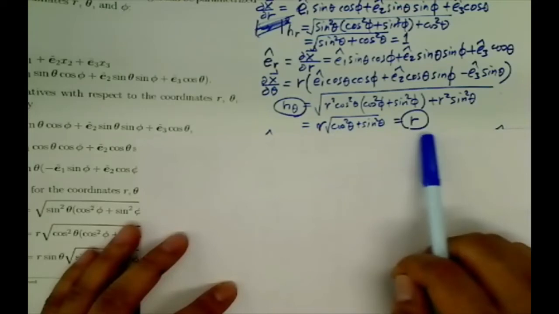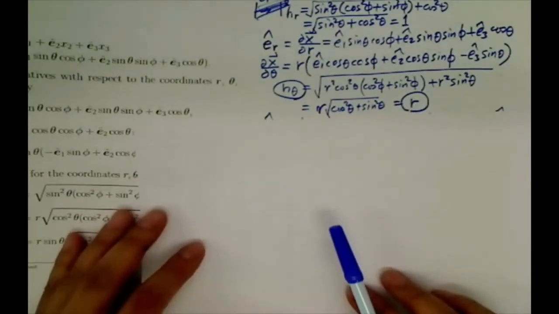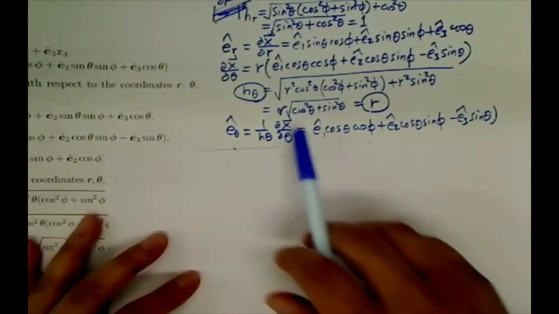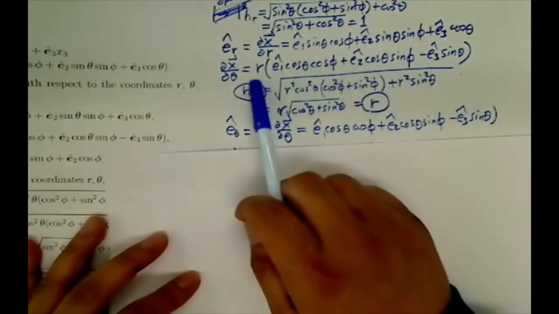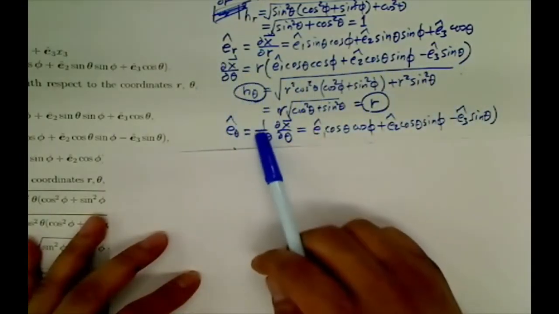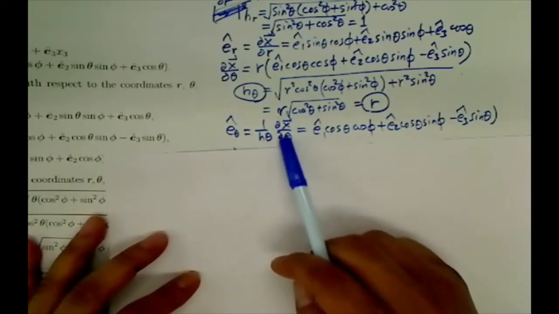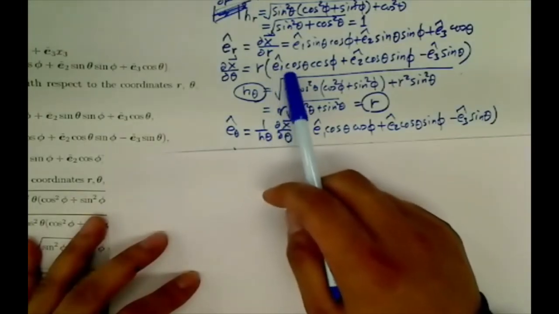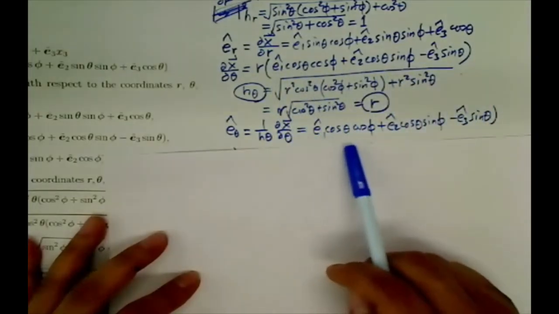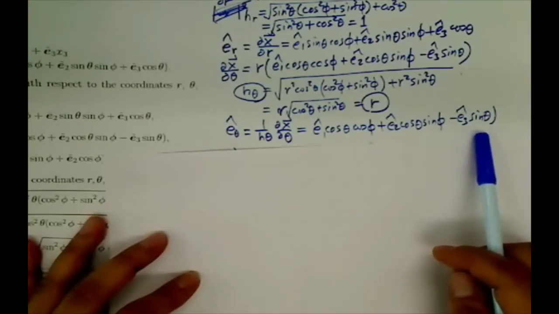So the scale factor for the angle theta, h_theta, is r. This is the displacement, the partial derivative with respect to theta, and I divide it by its own magnitude, the scale factor r. Therefore, e_theta hat is cosine theta cosine phi, cosine theta sine phi, minus sine theta.